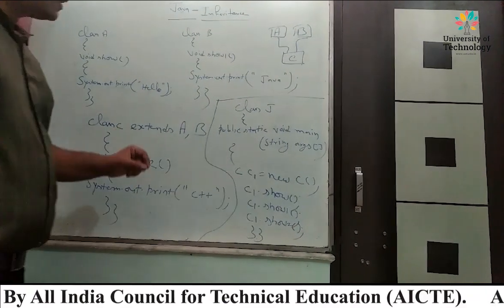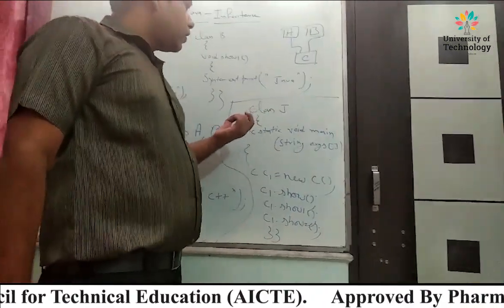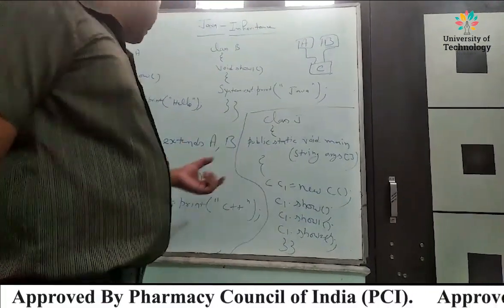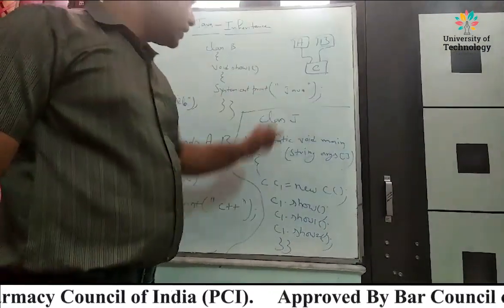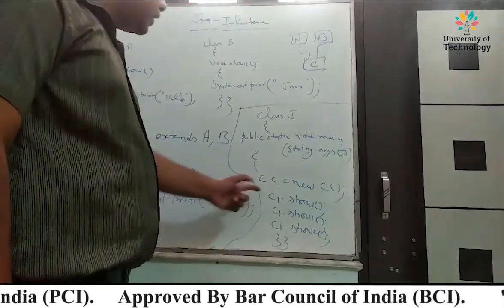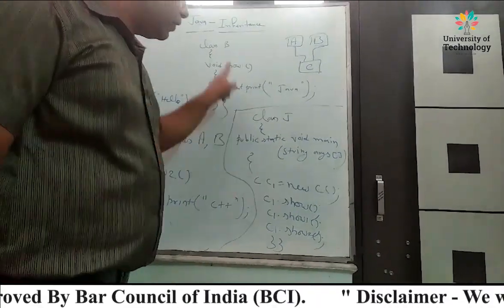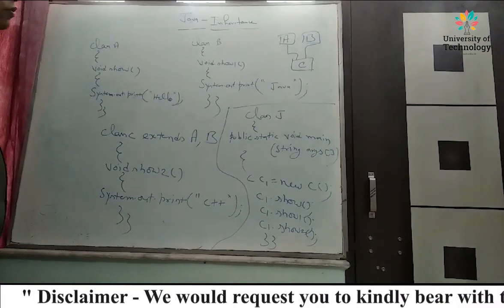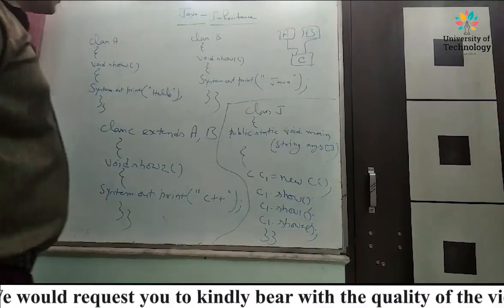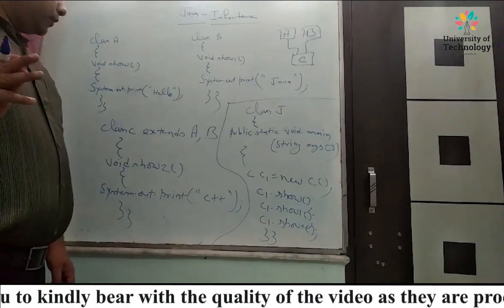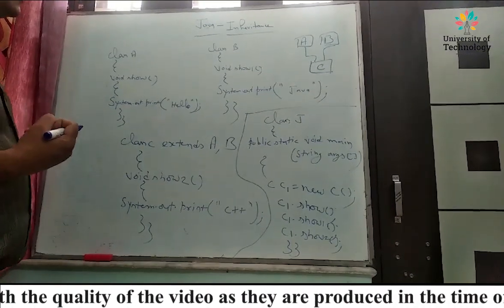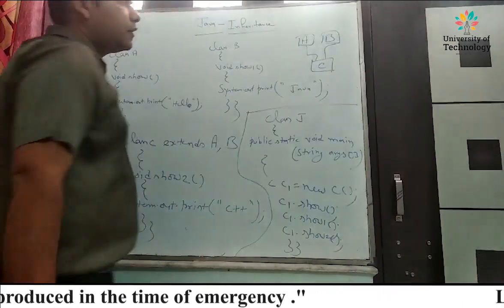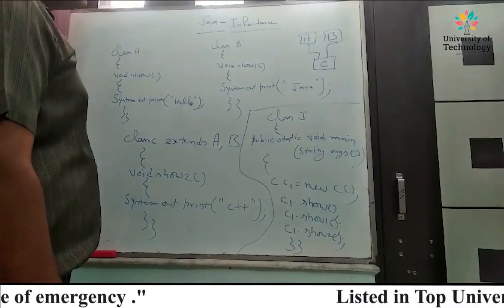Next we create a main class and main method, and create an object c1 equal to new C, then c1.show, c1.show1 and c1.show2. The output will be hello Java C++. In multiple inheritance, we make class A and class B, and A and B are combined in C.